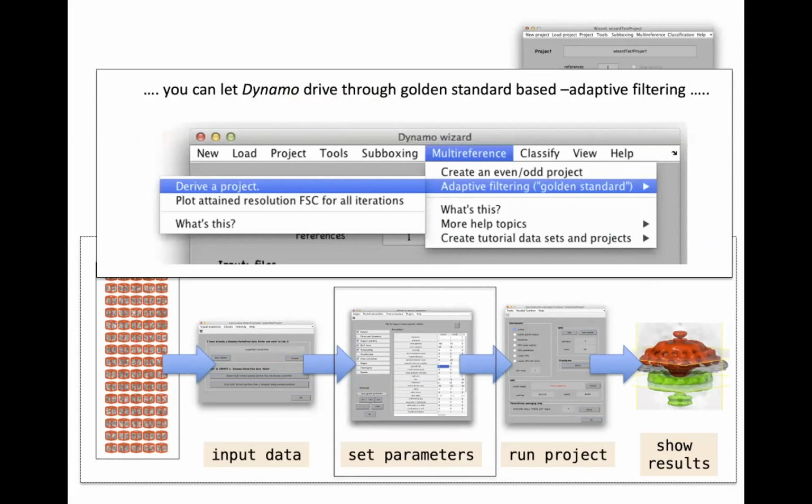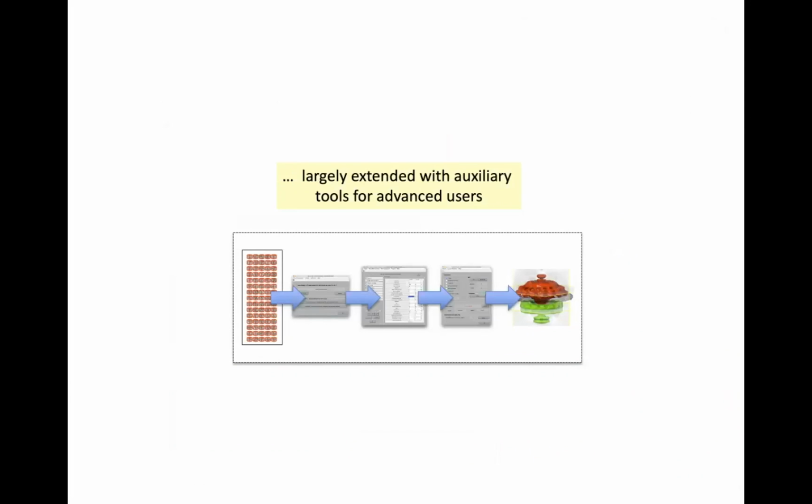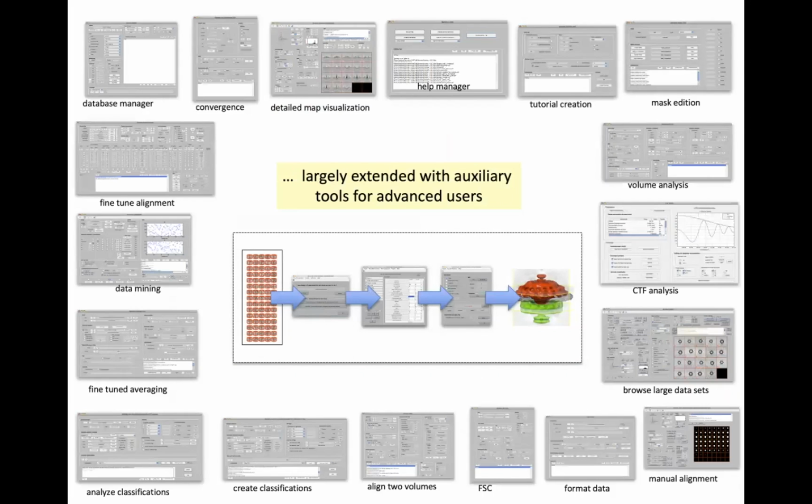You can let it drive the ride with optimized parameters using a golden standard-based adaptive filtering. And that will do for many users. For some other users, in Dynamo we have a very extensive toolbox for a big variety of tasks that typically, or not so typically, but sometimes appear when you are working your way in an STA project. And I will say later why this big variety of tools in the toolbox is necessary.